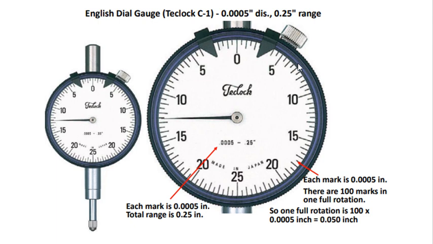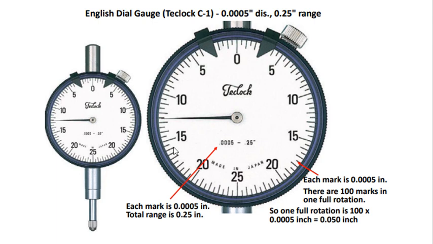So the entire thing from here all the way around one round is going to be 0.25 inches, because each marking here is 0.0005 inch, so there are altogether 100 marks in one full rotation. So when you multiply 0.0005 times 100, you get 0.050 inch.